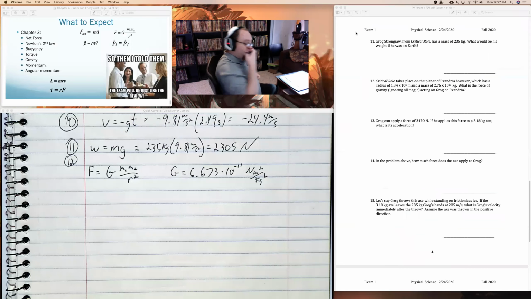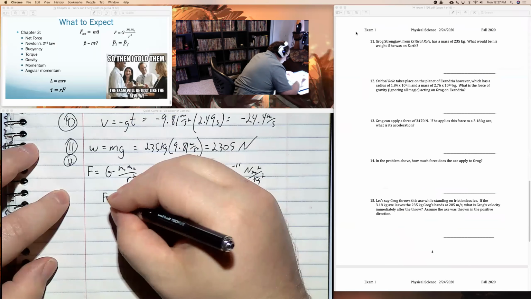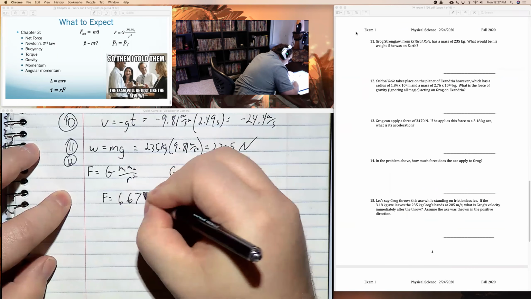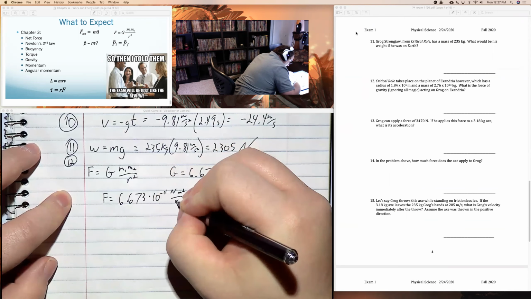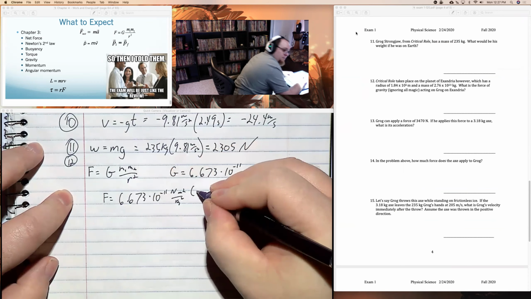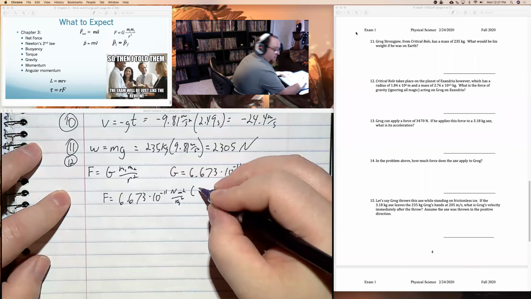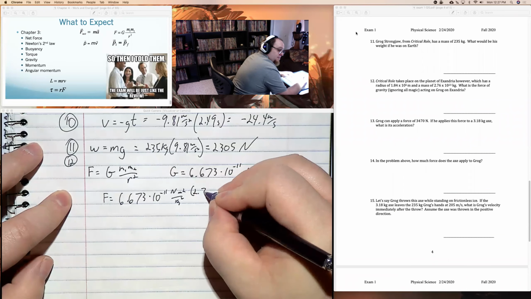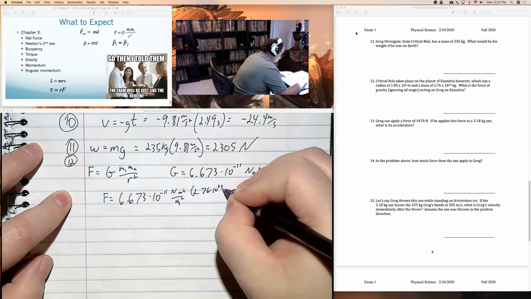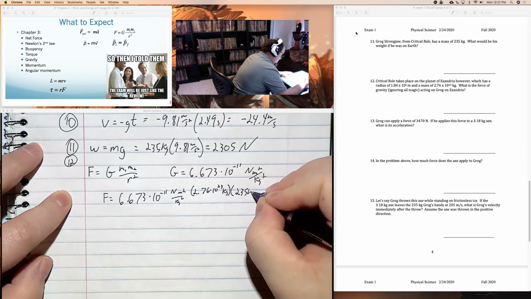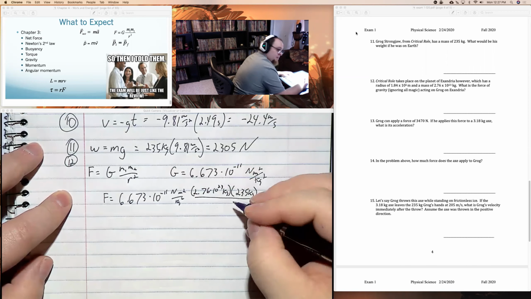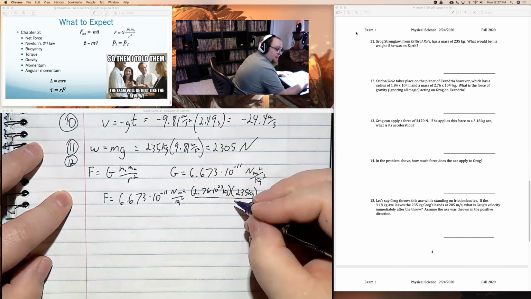And so the force due to gravity will be G times M1, the mass of the planet, times M2, which would be the mass of Grog, over the radius of the planet.